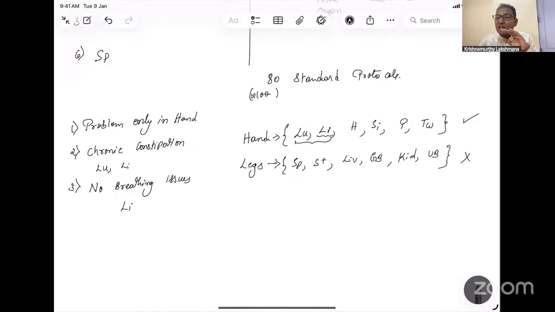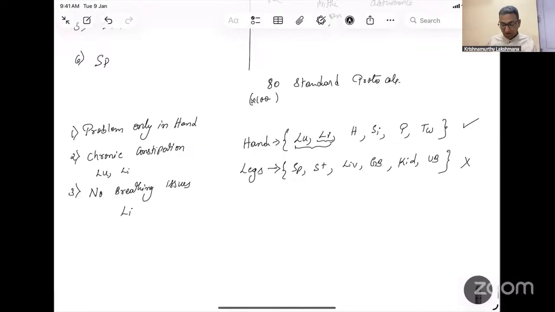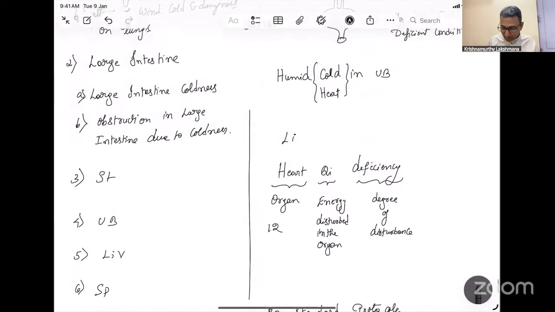I touched the hand and it was hot. So it is something related to heat. And the degree of the problem is very stiff. Excess stiffness, is it a deficient condition or an excess condition?